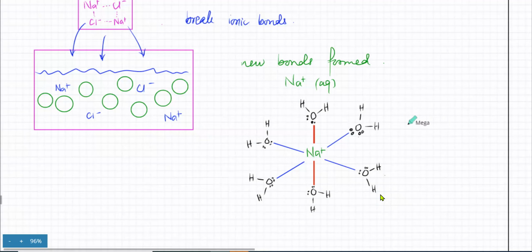And the reason for that is, if all these water molecules come in and form these dative bonds. Why are they dative bonds? Because Na plus 1 is not contributing any electrons. It's just pulling the electrons from the oxygen towards itself. So why would it ionize? Because this H over here is partial positive, right?